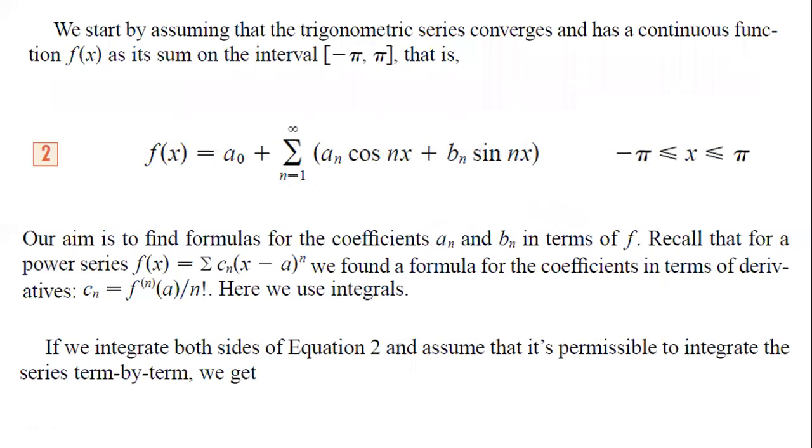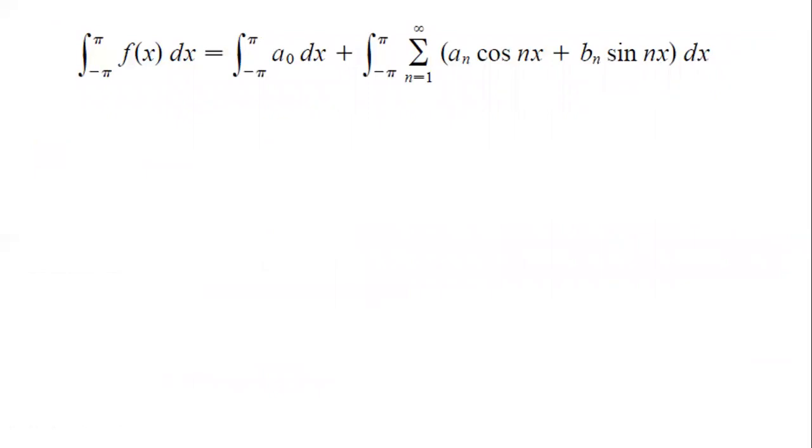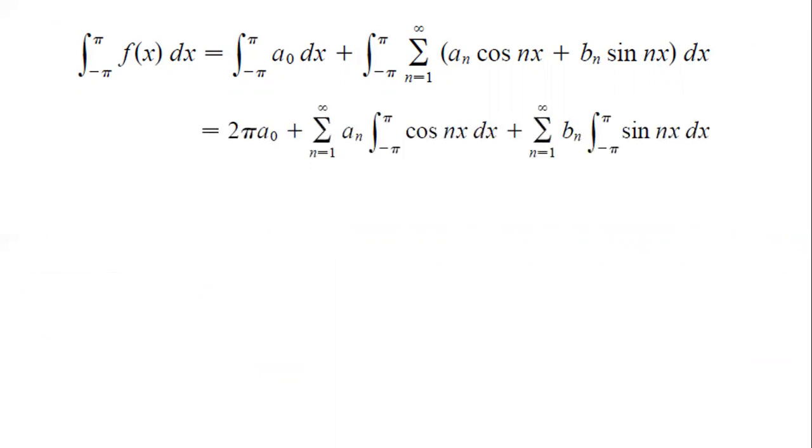If we integrate equation 2 and assume that it's permissible to integrate the series term by term, then you can obtain this equation. So simply from equation 2, we integrate both sides from negative pi to pi. So we can generate this.